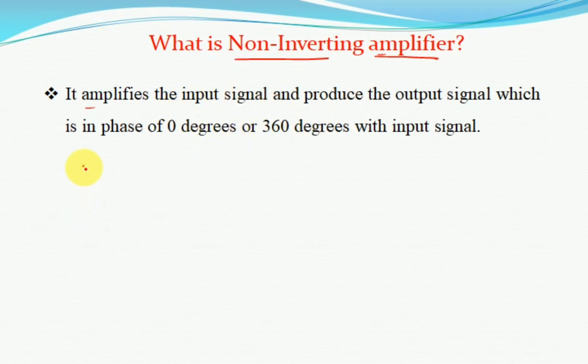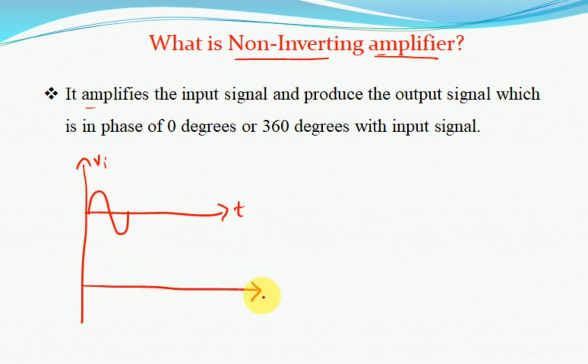For example, consider that the input signal is a sinusoidal signal. The output of a non-inverting amplifier is also a sinusoidal signal with a 0 degree phase shift with respect to the input signal, which means there is no change in the shape of the signal.